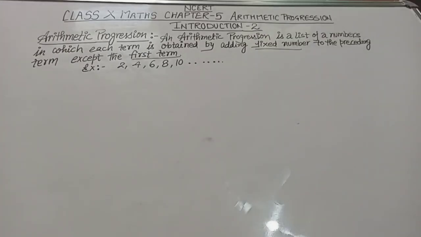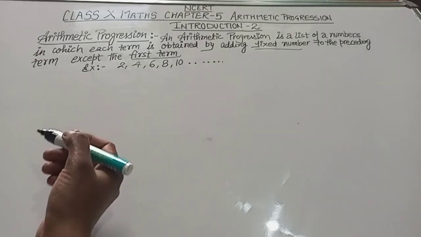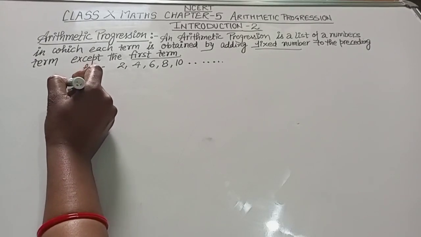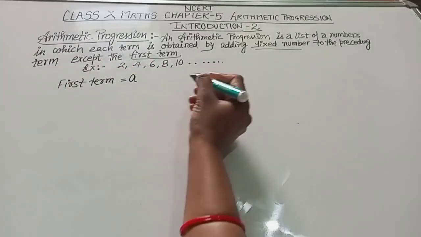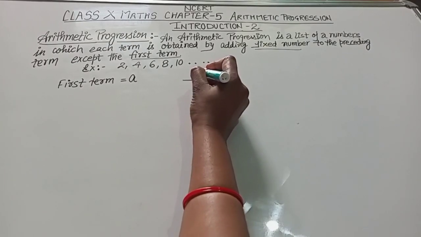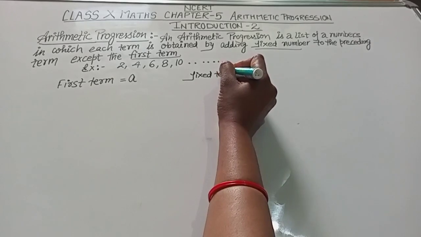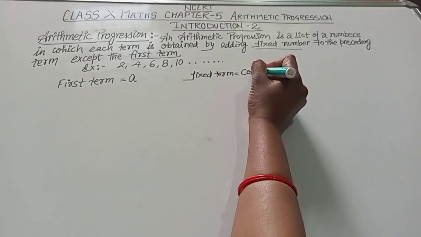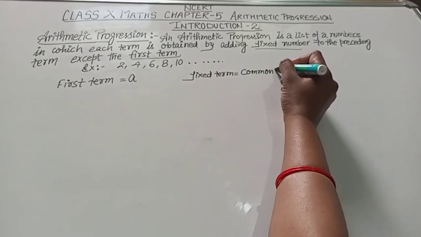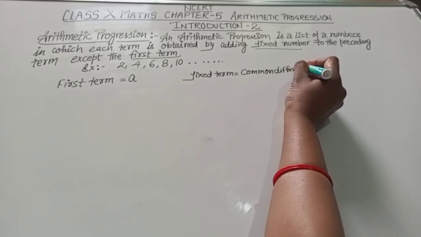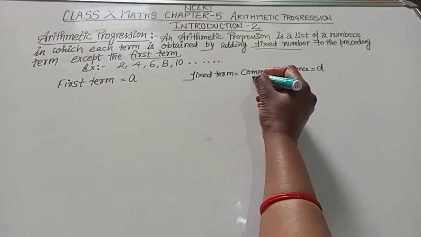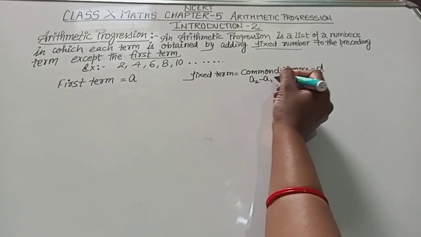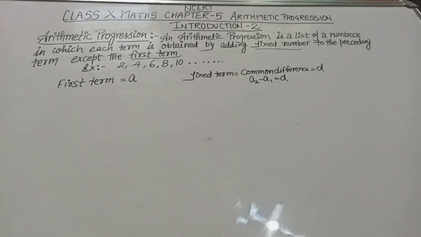The fixed term is denoted by D and the first term is denoted by A. The first term is equal to A, and the fixed term is called the common difference, denoted D. So A2 minus A1 is equal to D, the second term minus the first term.